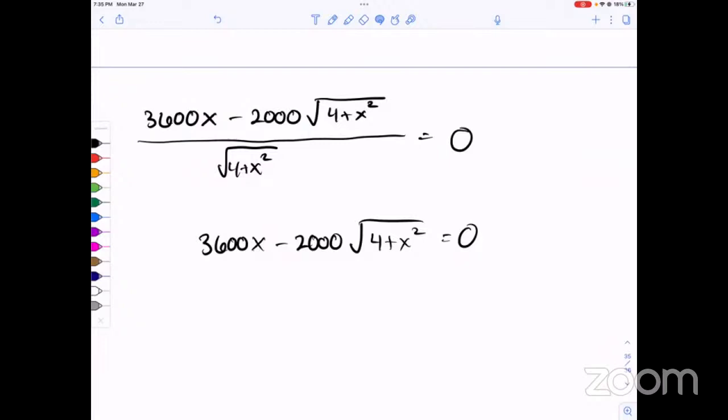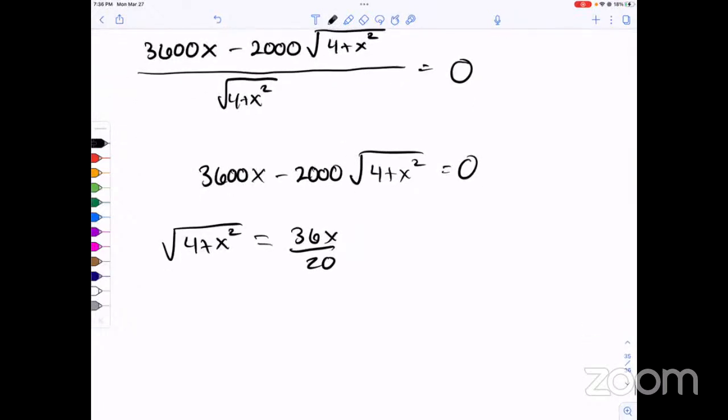So then I get the square root of 4 plus x squared equals 36x over 20. We can divide both of those by 4, so 9x over 5.